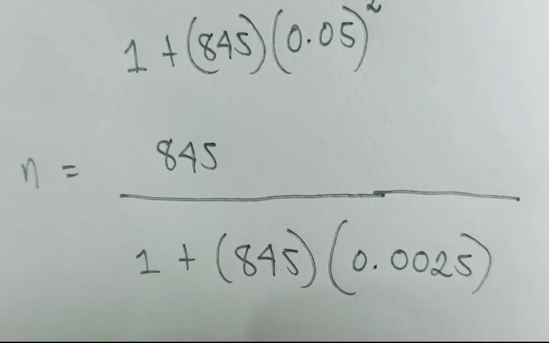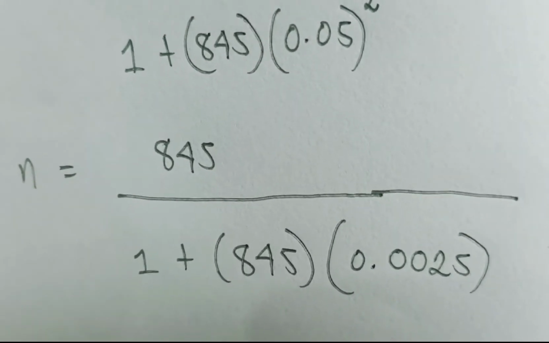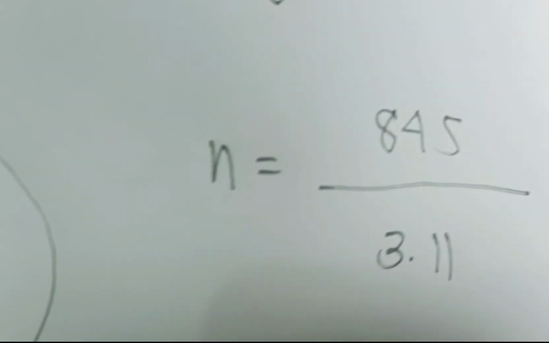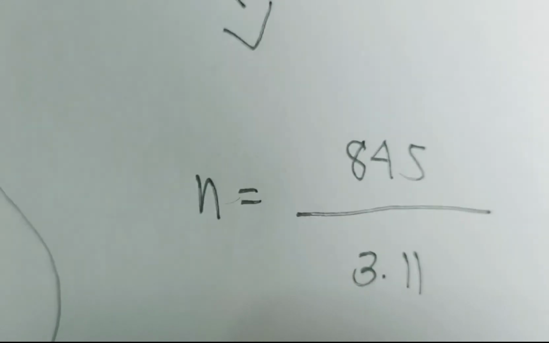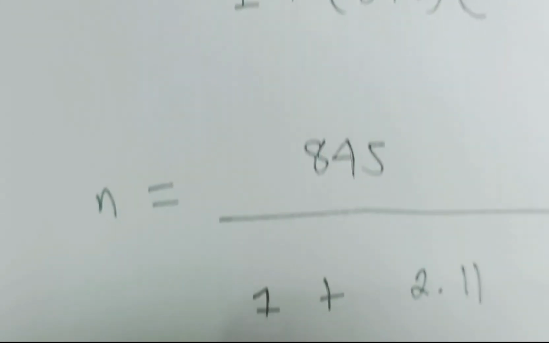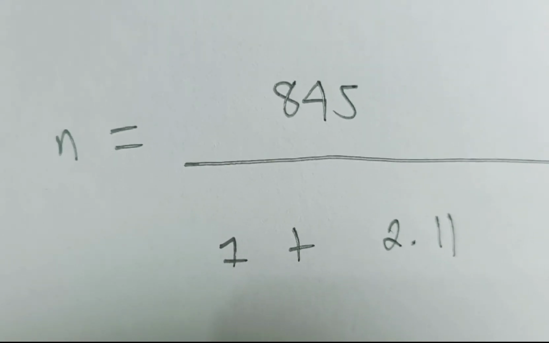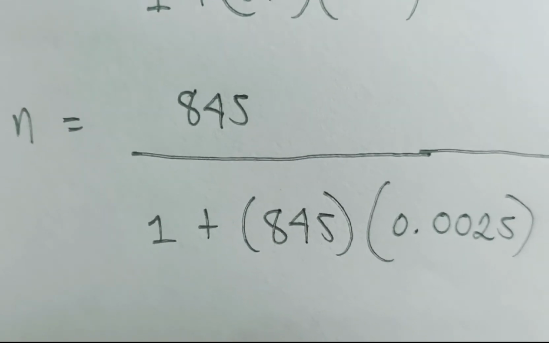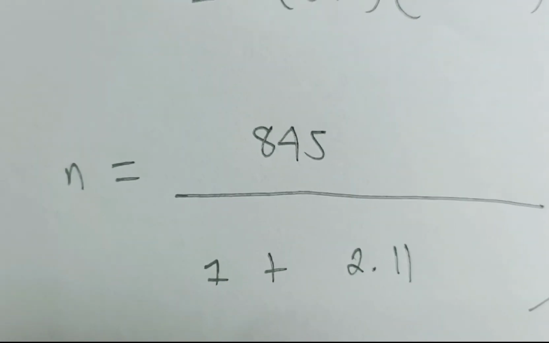We have to multiply now 845 and 0.0025, which is equal to 2.11.